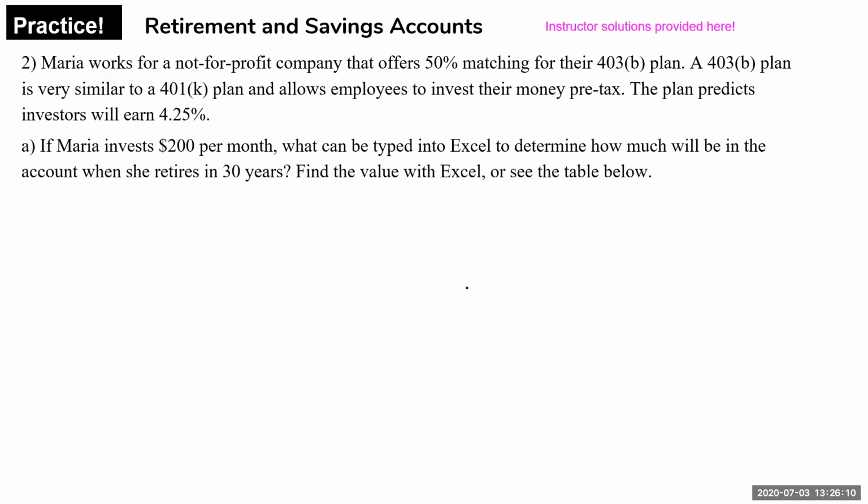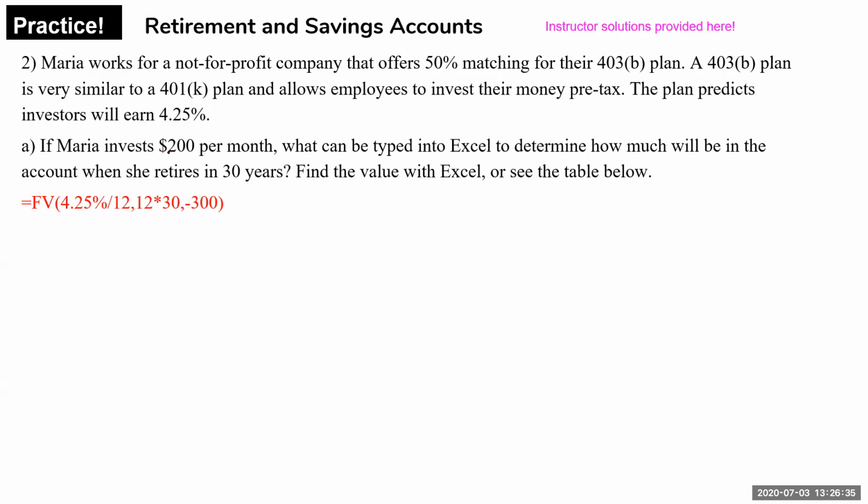Now, if Maria invests $200 per month, what can be typed in Excel to determine how much will be in the account when she retires in 30 years? Find the value with the Excel. So this is the case, right? So equal sign FV, parentheses, the rate divided by 12, and 12 by 30.